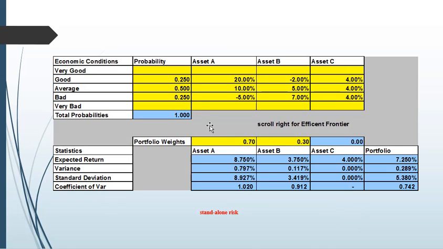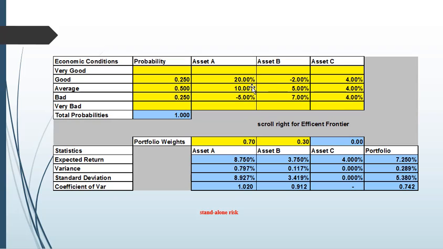But if we put some examples, some assets into a spreadsheet, in this case, the standalone risk spreadsheet, here we have probabilities: 25% chance of a good economy, 50% chance of a normal economy, 25% of a bad economy, and here we have our returns.